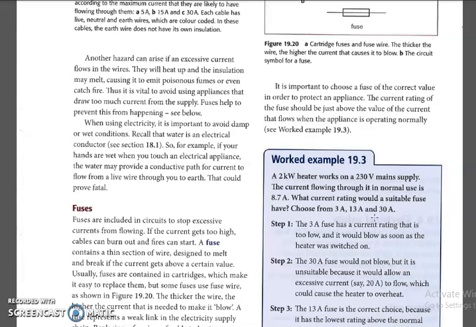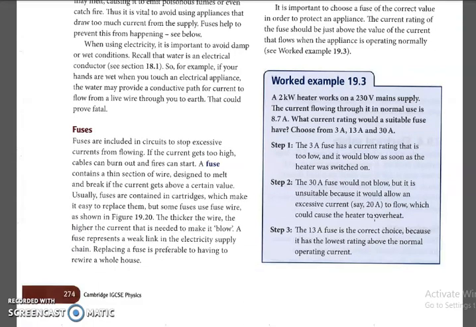Next is the fuse, which is a protective apparatus that protects us from electric shock. Fuses are included in circuits to stop excessive current from flowing. If the current gets too high, the cables can burn out and fire can start.